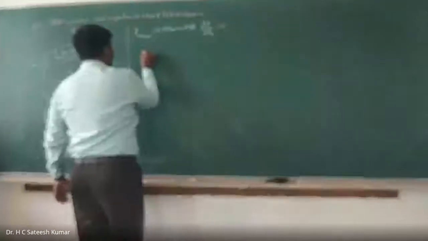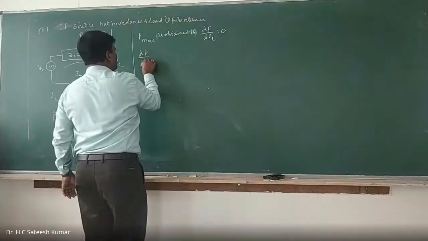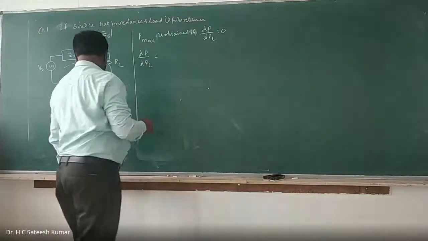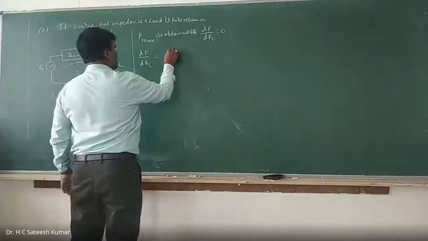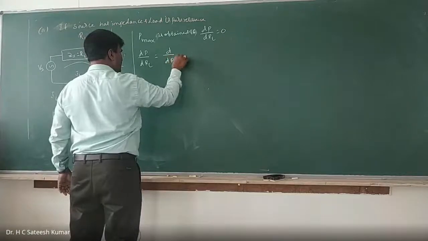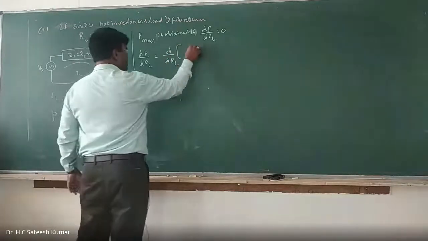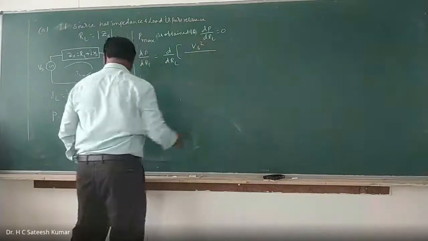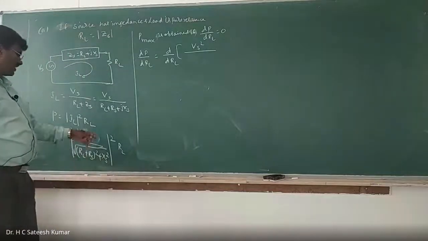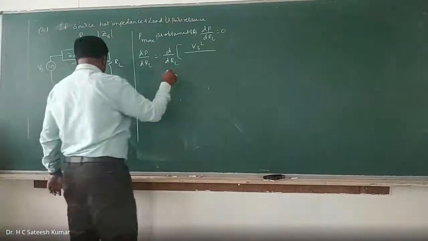So differentiate it. dP by dRL is equal to d by dRL of Vs square divided by the square and square root gets cancelled. Then what do we have?